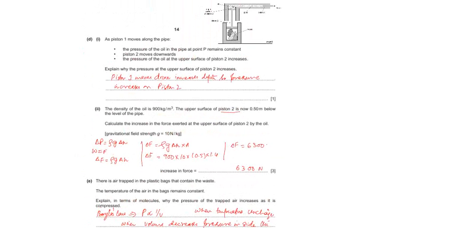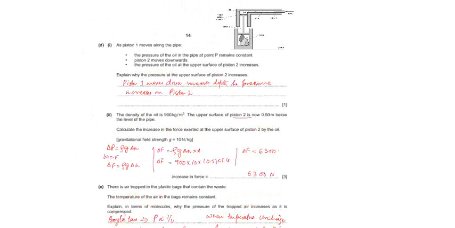Except from my side, it is part D. As piston 1 moves along the pipe, the pressure of the oil in the pipe at point P remains constant. Piston 2 moves downward, so from P there is a gain in height, and the gain in height will increase the pressure.